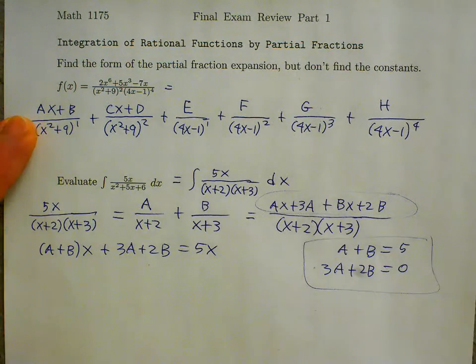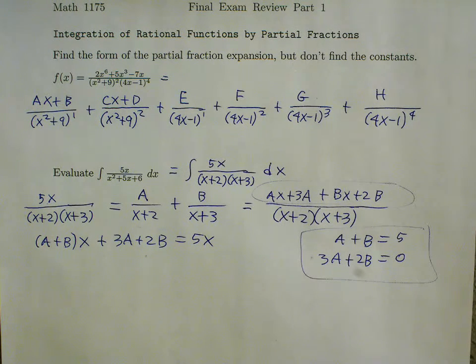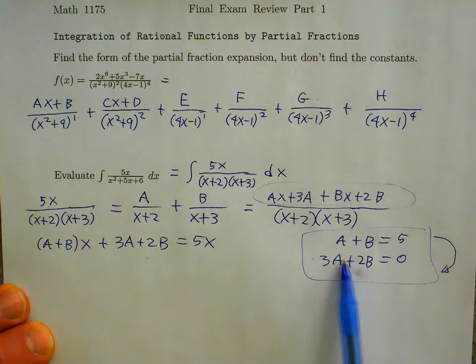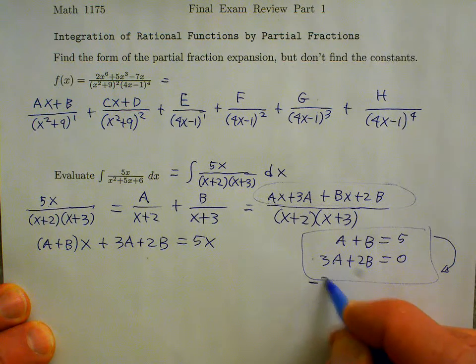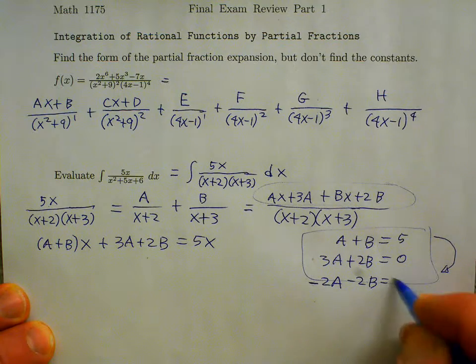And we can easily solve this system of equations. So one thing we can do, we can multiply both sides of the equation a plus b equals 5 by -2. And we get -2a minus 2b equals -10.